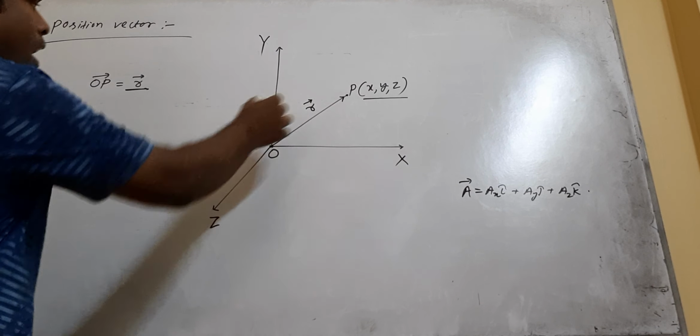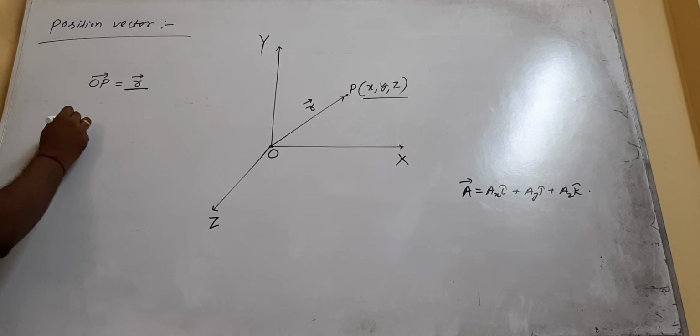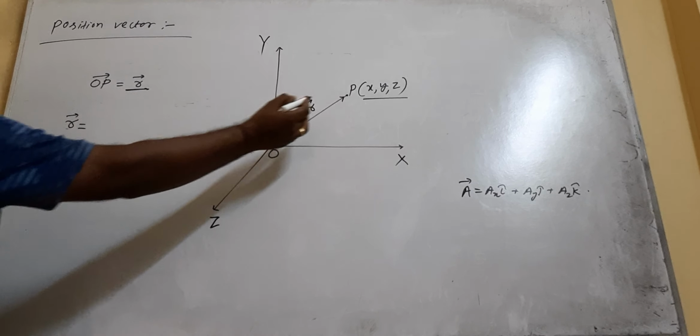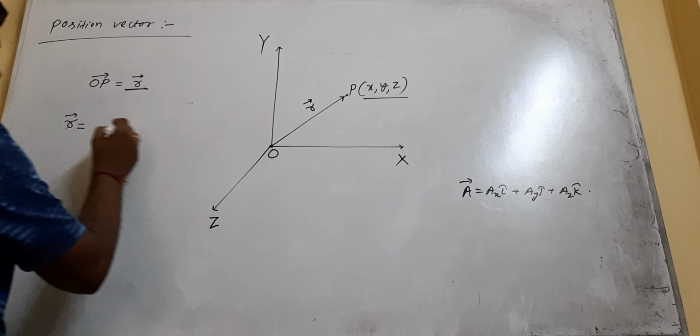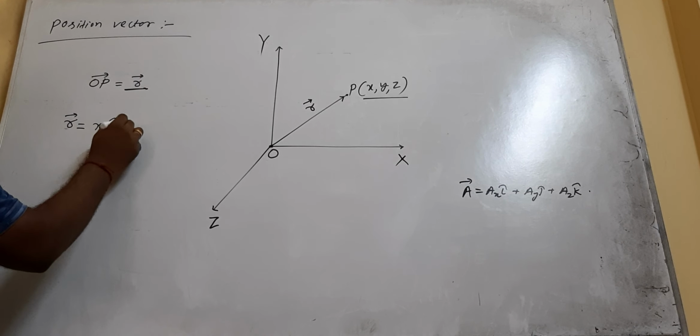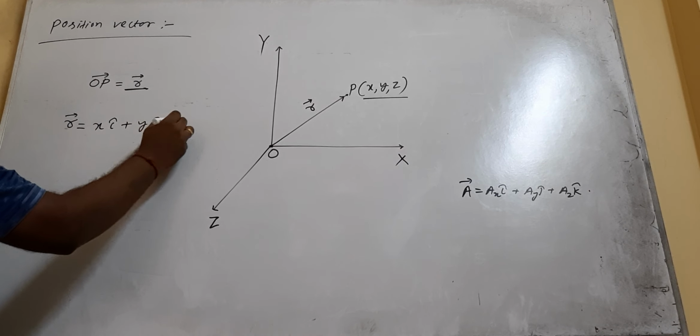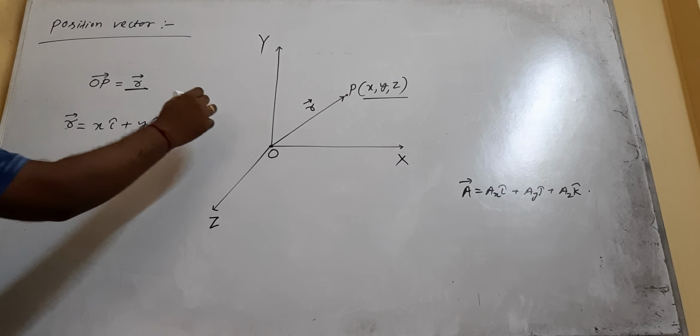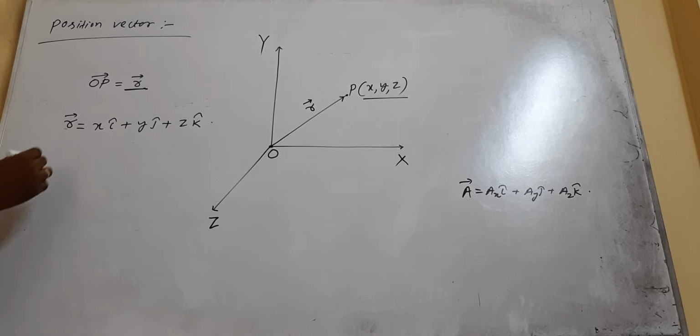So here the R vector you can write as small x i cap plus small y j cap plus small z k cap. So it is your position vector.